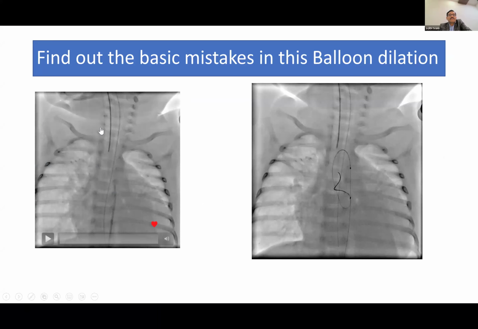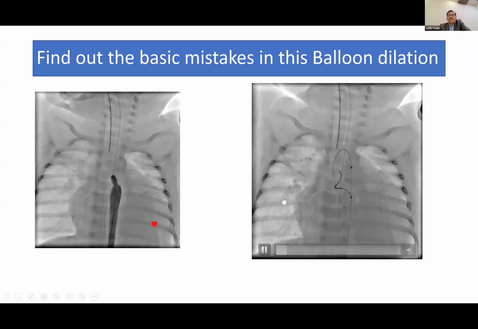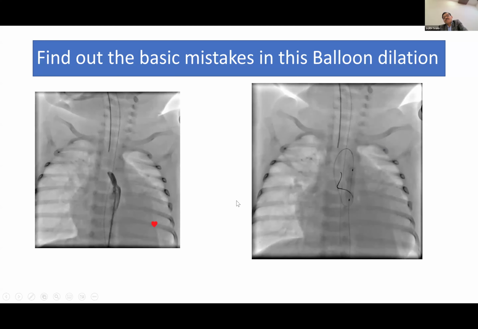Now see this patient and try to find the basic mistakes in this scenario. We did the femoral artery injection at the site of coarct, and then did the balloon. Balloon inflated. The two major problems here: I have not seen the arch, I have not defined the arch.